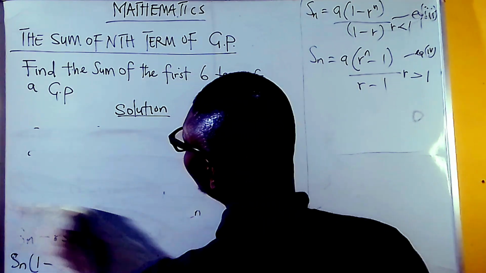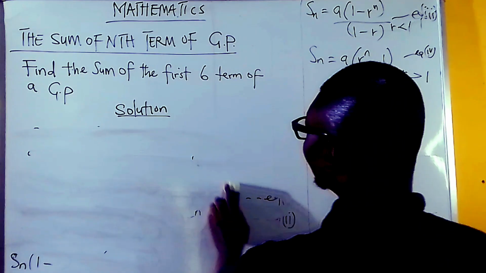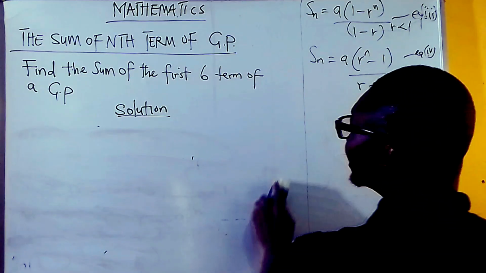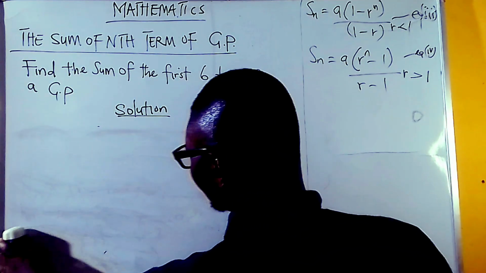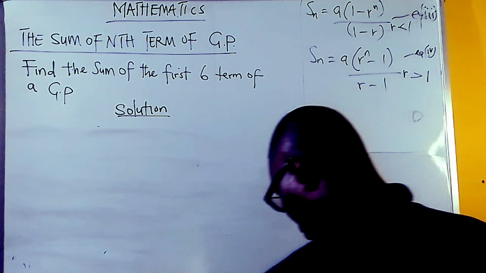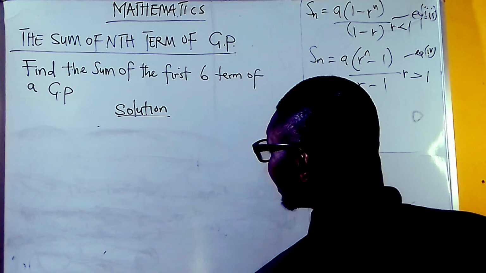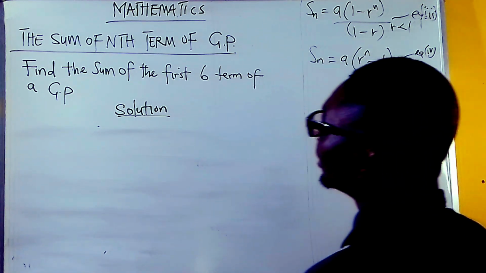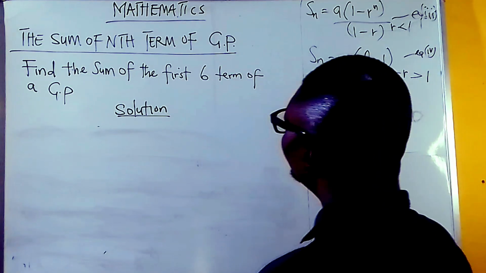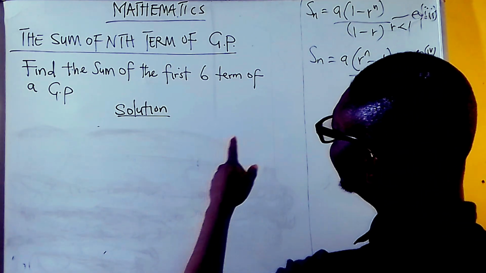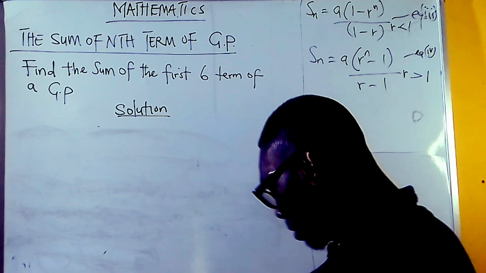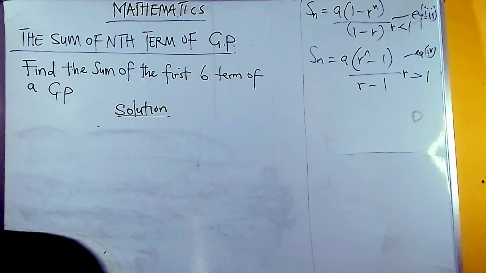So to solve the question on the board, it says find the sum of the first 6 terms of a GP. To find the sum of the first six terms of a GP, we need to know the values.